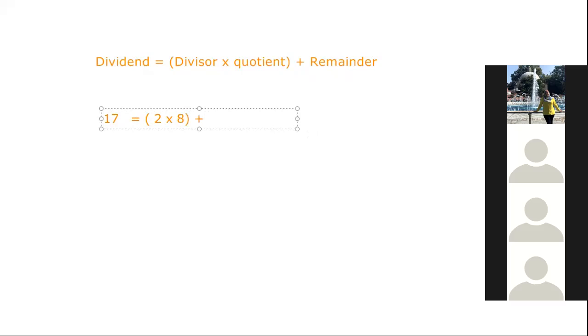Plus what? Plus 1. Very good. So the dividend, which is 17, is equal to 2 times 8 plus 1. Right? Right. Let us do another example.